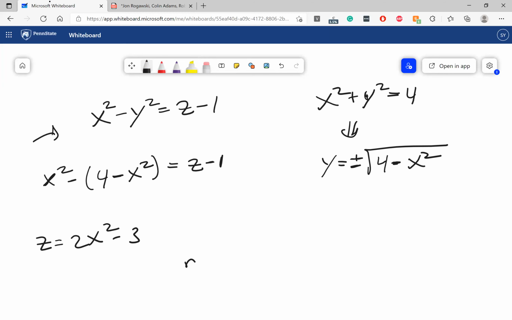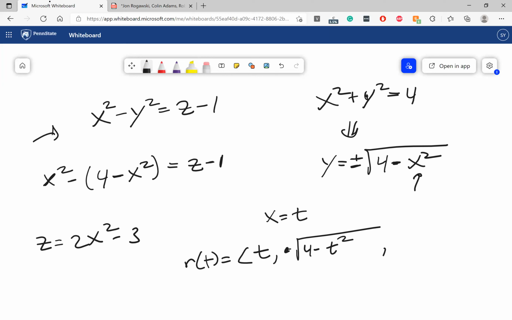Okay, so now when we write our r of t, let's imagine that my x is t. So let's take x is equal to t. So you put in one of these a parameter, your t. So that would be t here. If your x is t, can anyone tell me what y is going to be? Yes. So square root of 4 minus t squared. Right? You just plug your t into this x over here.